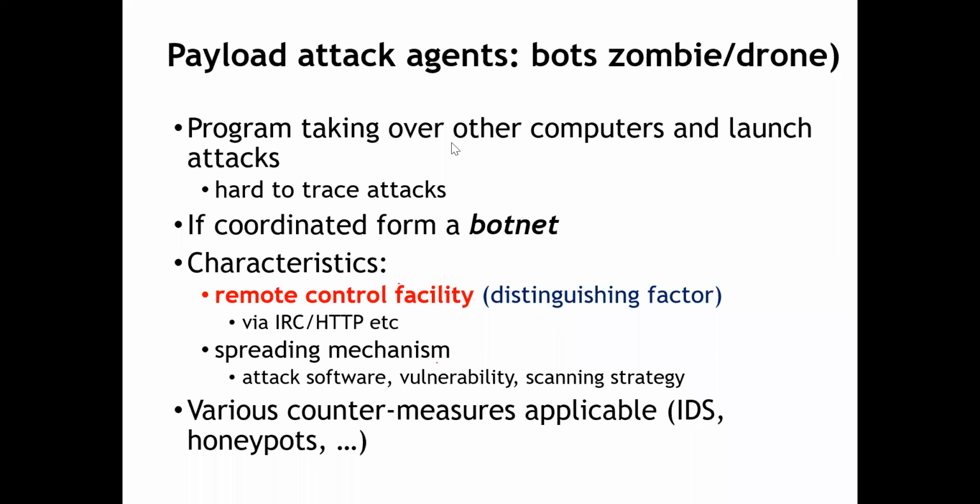A little more about the payload and what the bots and zombies do. They're either bots or drones or zombies. These are programs that take over other computers to launch different attacks. Usually they are characterized by remote control facilities that distinguish different factors.